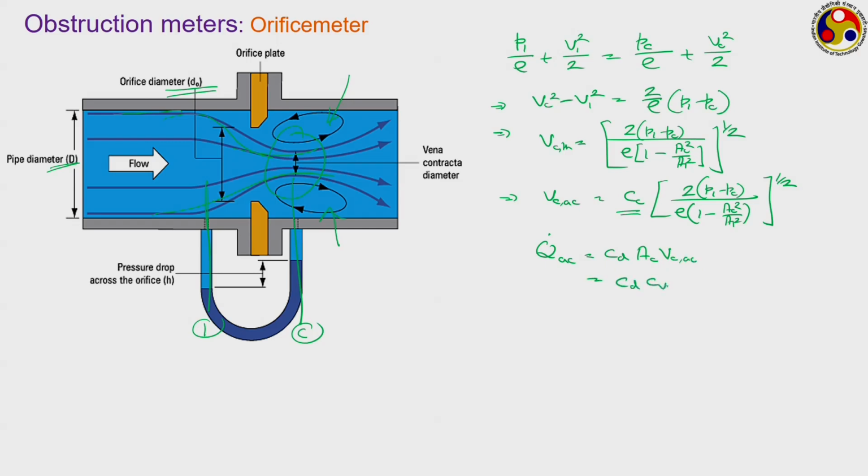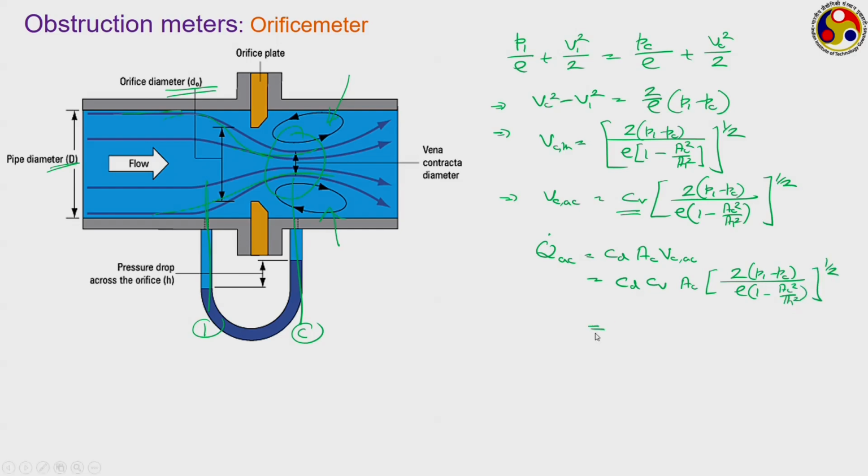which will involve Cd, Cv, here it should have been Cv actually, the coefficient of velocity, into Ac into [2 into (P1 minus Pc) by rho into 1 minus Ac square by A1 square] whole to the power half.